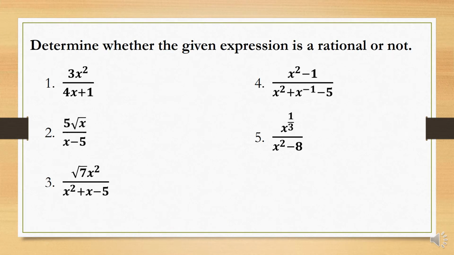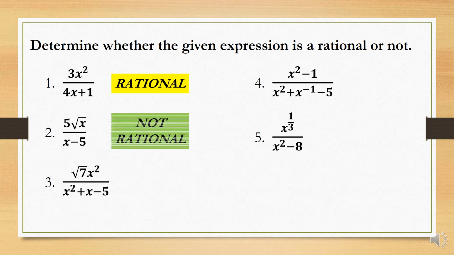Let's do this. Determine whether the given expression is rational or not. Number 1, is this rational or not? The answer is rational. How about number 2? Is it rational or not?